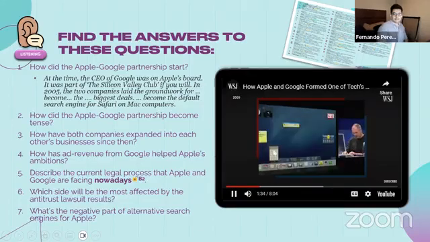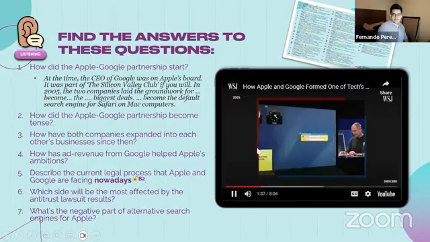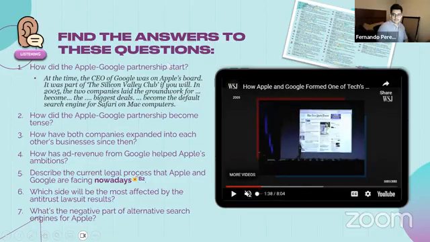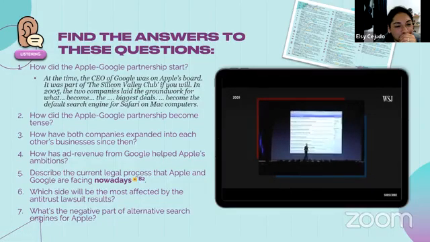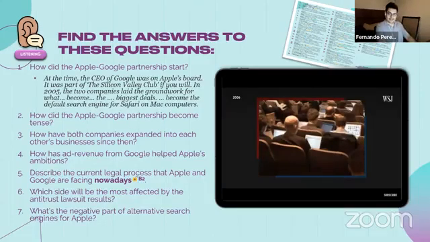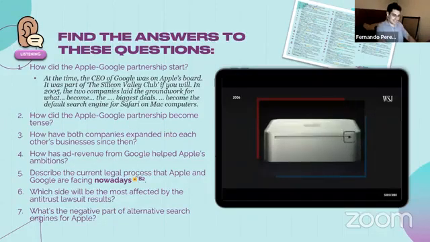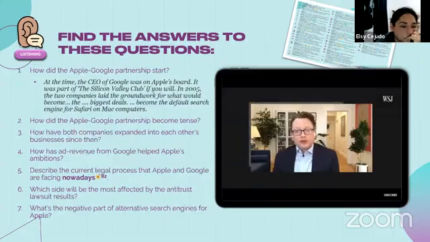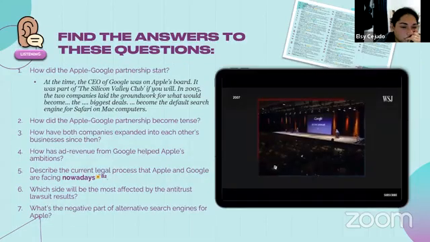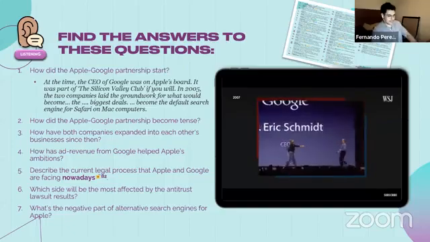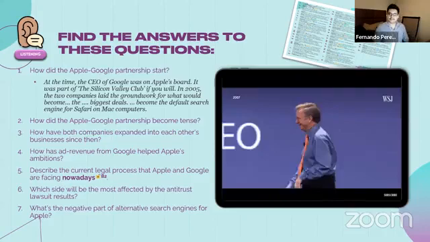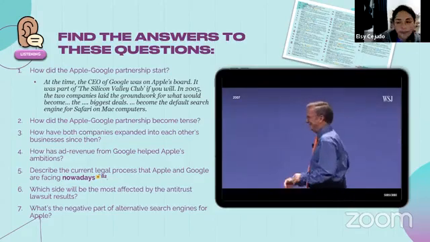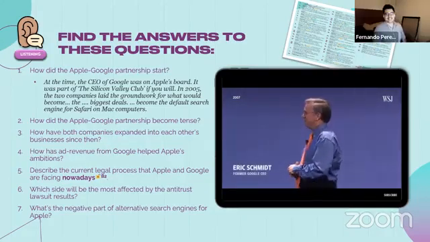In 2005, the two companies laid the groundwork for what would become one of the industry's biggest deals.